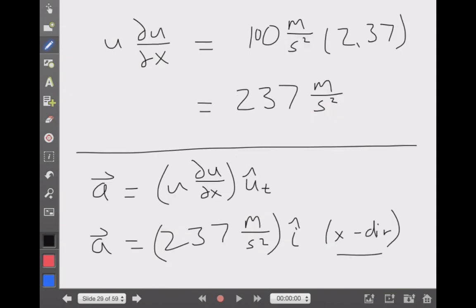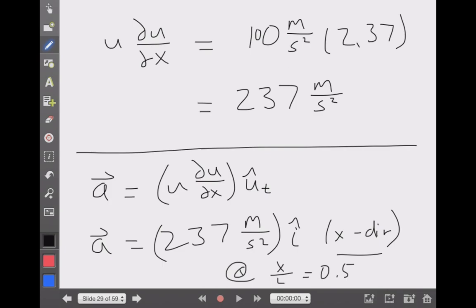All right, so at least what I'm trying to say is this is at x over L of a half, the midpoint through the nozzle, where we have this acceleration. So it's not a constant acceleration, but at this point, halfway through the nozzle, this is our acceleration.